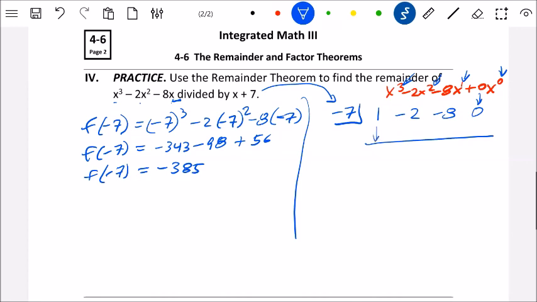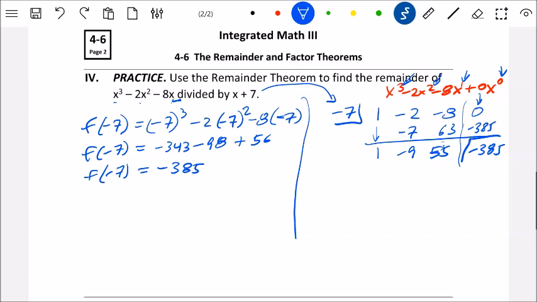That will give us the correct remainder. So 1, multiply to make -7. Add makes -9, multiply makes a 63, add makes this a 55, multiply and I get a -385, and so that gives us -385. If I had not put the 0 there, I would have stopped with 55, and that would have been wrong.